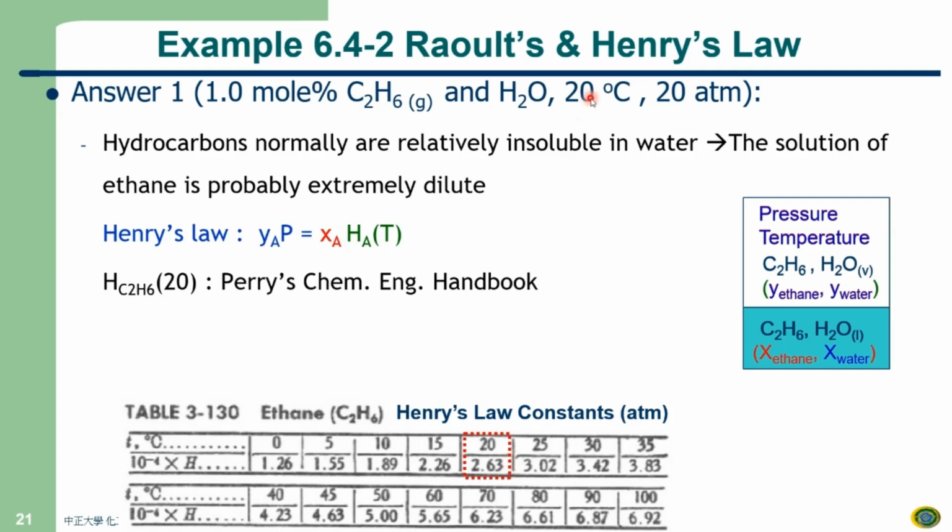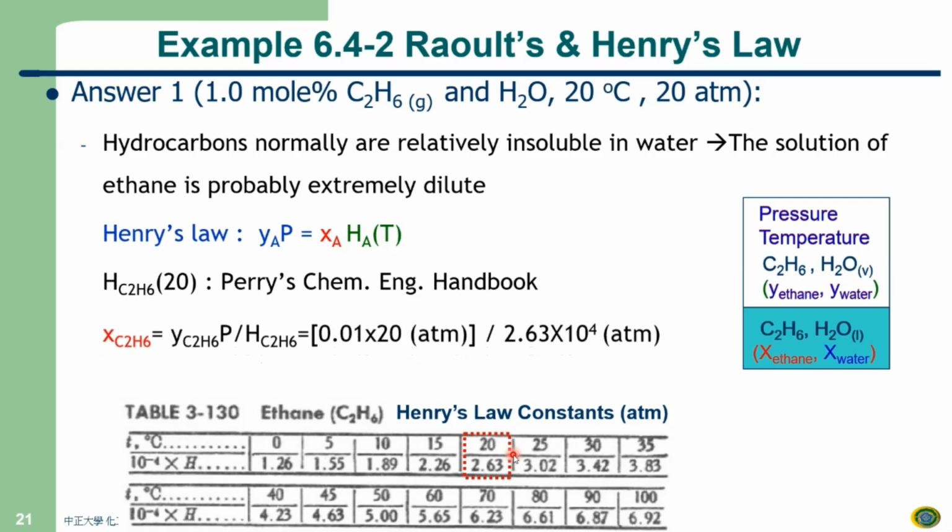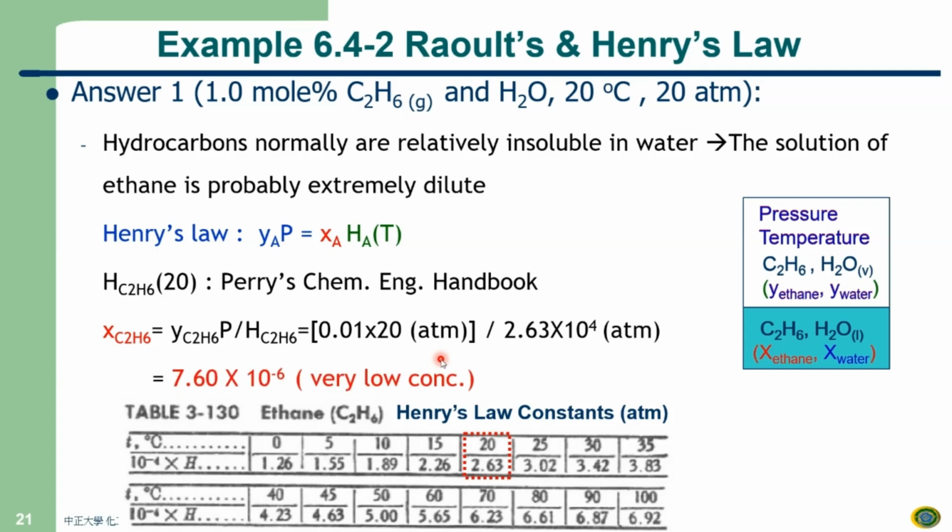Oh, sorry, it's 20 Celsius. So you can put the answer into this place, and then you get the answer. I don't want to waste your time. The answer you get is 7.6 times 10 to the minus 6, which is very low.